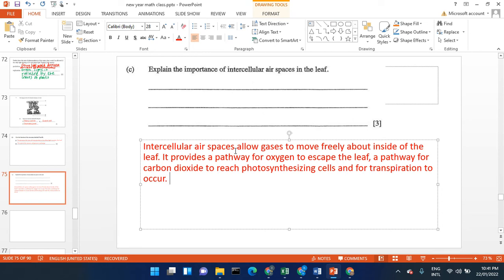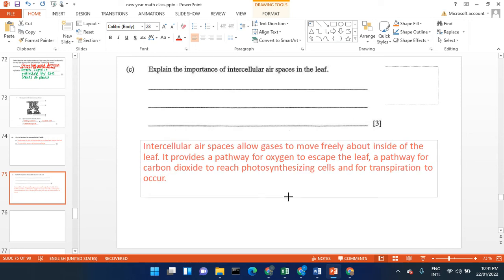All right, so that's going to be our answer. Intercellular spaces allow gases to move freely about inside of the leaf. It provides a pathway for oxygen to escape the leaf, a pathway for carbon dioxide to reach photosynthesizing cells, and for transpiration to occur. All right, so that's it for that question.